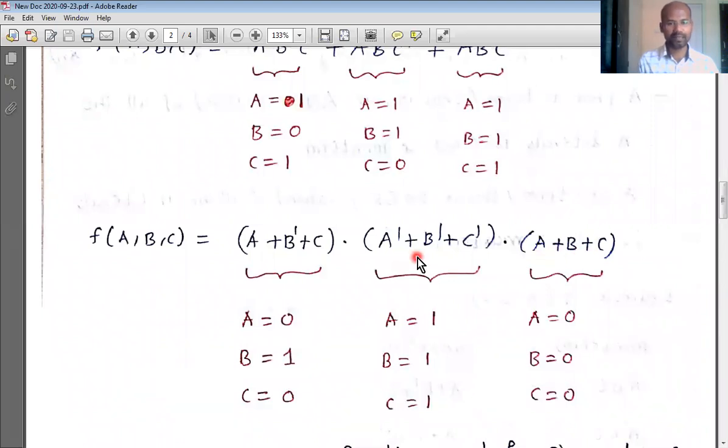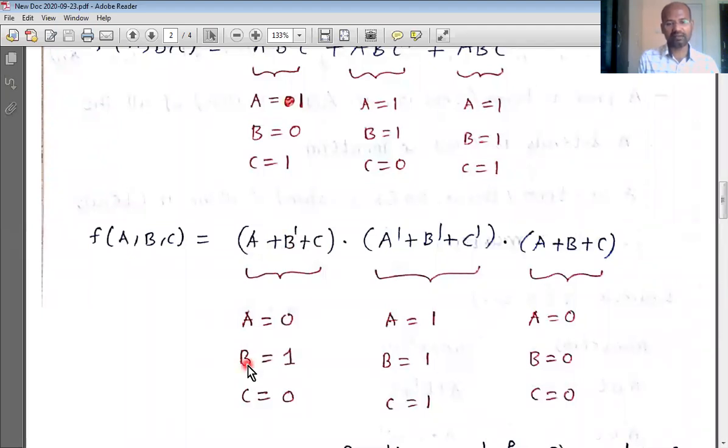Now see, for which combination will this max term become 0? Since it is a sum term, it becomes 0 only when this literal is 0, this literal is 0, and this literal is 0. So a equal to 0, and b bar equal to 0.